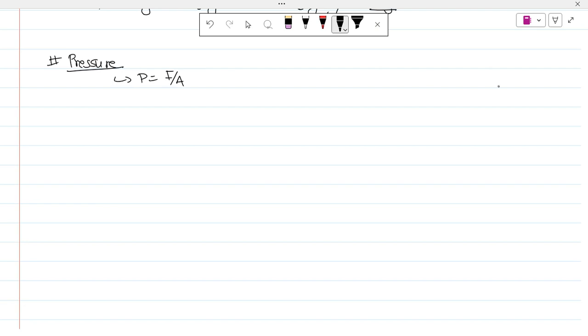If the force is non-uniform, suppose this is a plate and a non-uniform weight is applied here, then if we calculate the total force and the total area, our pressure will be the average pressure. Its unit is Newton per meter square, or simply pascals.